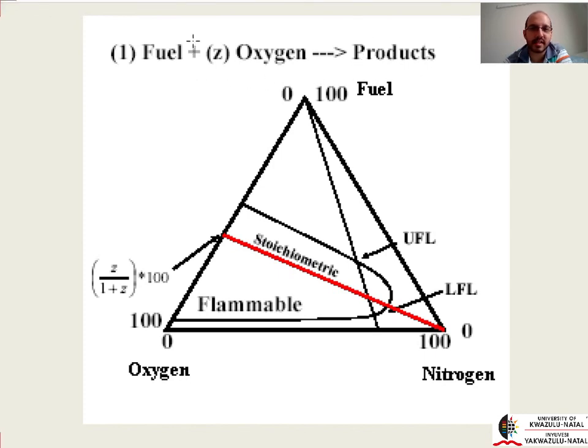What we are interested in is the stoichiometric amount of oxygen required to react with that fuel. So once we have that stoichiometric value Z, converting it into a composition, that's Z over 1 plus Z multiplied by 100, and you'd get your point here in percentage.